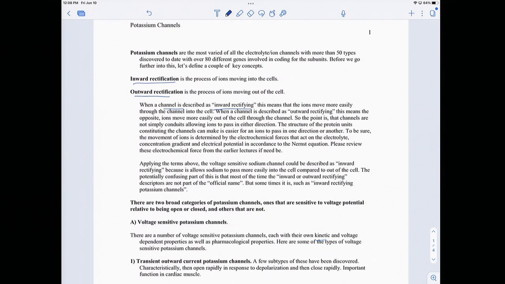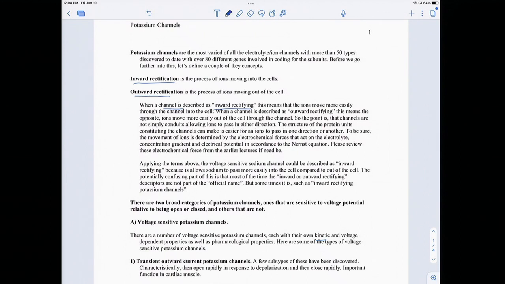So we have to distinguish the ease with which an electrolyte, in this case potassium, can move in or out of the cell through a given pore, but that has nothing to do with whether it will or won't. Whether it will or won't has more to do with the forces acting on the potassium.